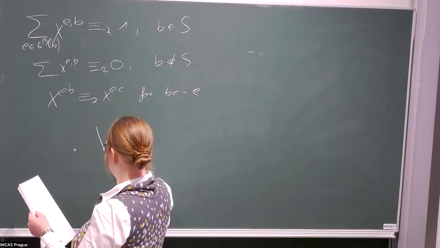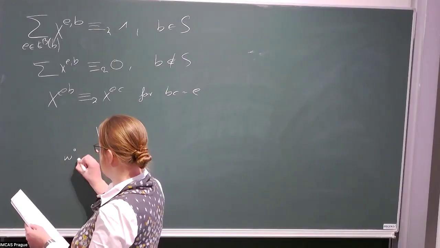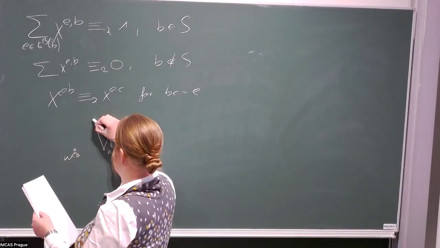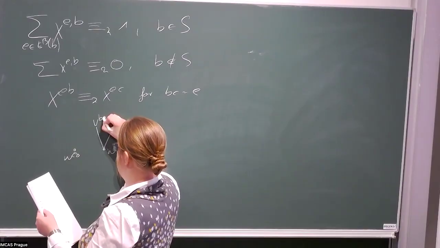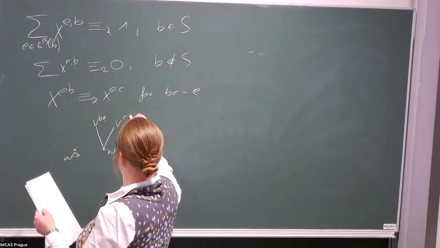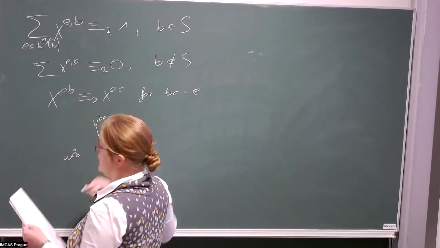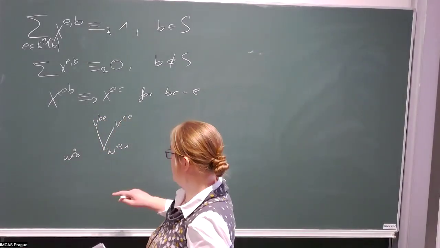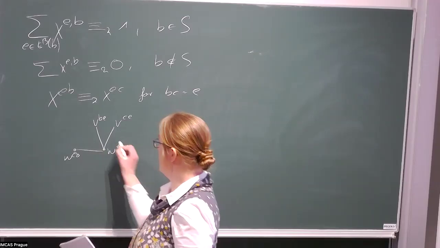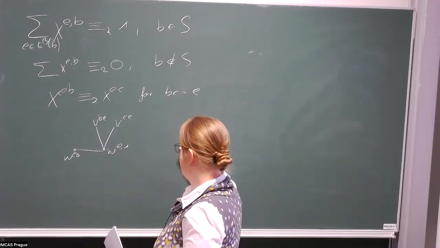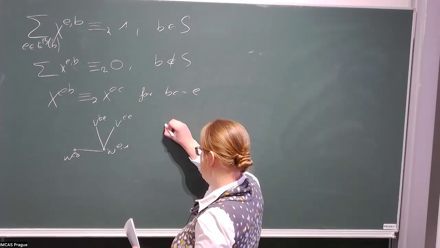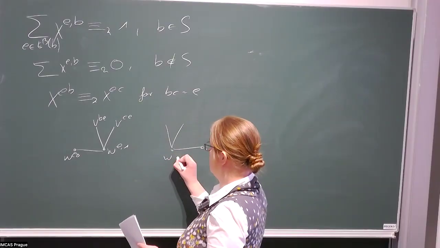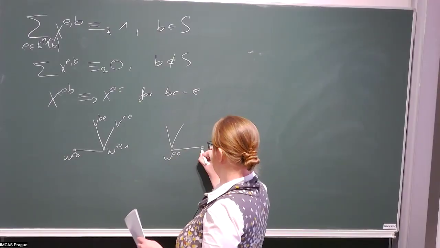So this is WE1, this is WE0, and those are the two end vertices of E. So if we choose both of them into the small set S, it looks like this. If we choose both not into this set, it looks equivalently just the other way around.